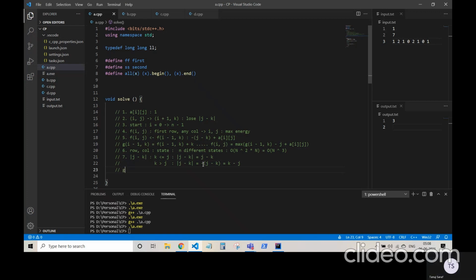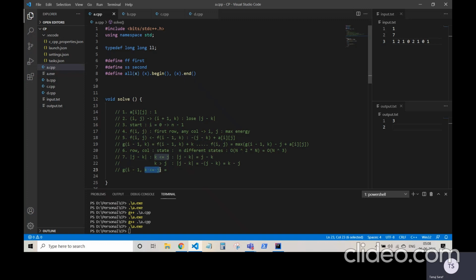What does a function g of i minus 1 comma k look like? We basically want, for each particular j, f of i comma j, to find this maximum of g of i minus 1 comma k, but this k has to go maximum till j.